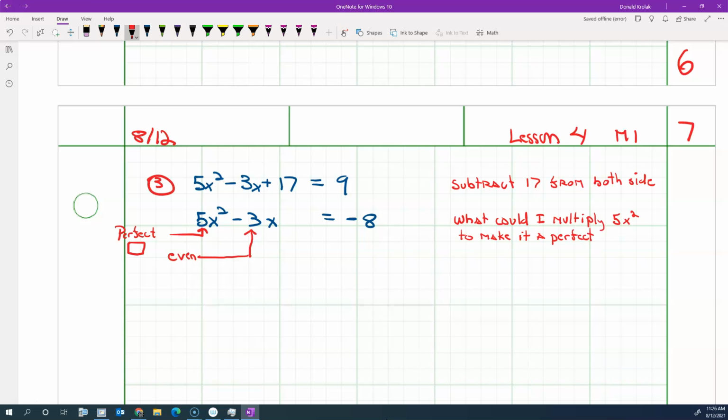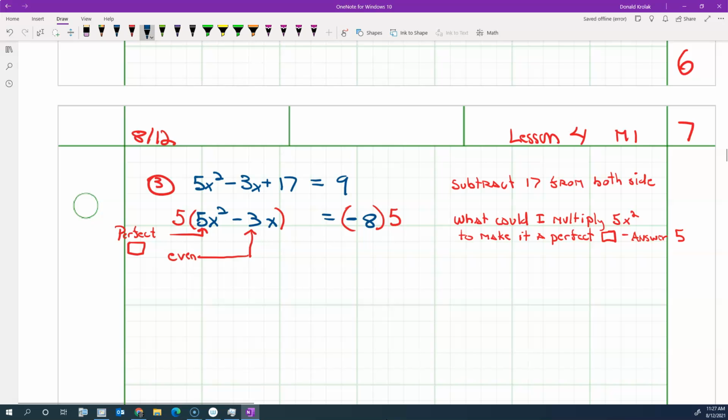Yep, 5. 3 would still be odd. Okay, yep. All right, so here what we're going to do is, our answer is multiply it by 5. Okay, so everything gets multiplied by 5. So my next step looks like this. I multiply that side by 5 and that side by 5.